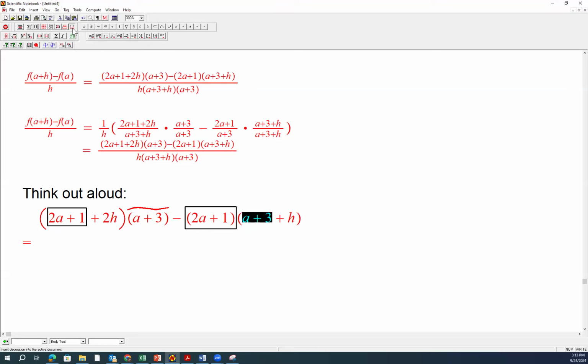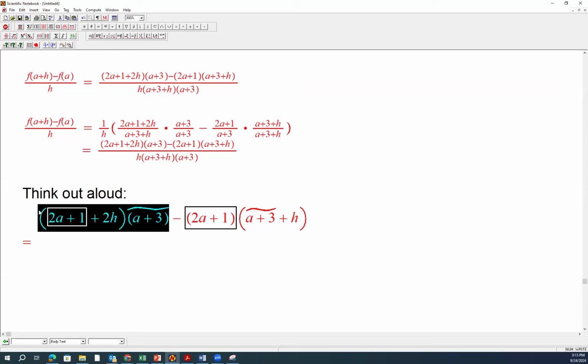Just one entity there. So instead of getting 6 terms in the product, I'm going to take this as one piece to multiply the rectangle and then multiply by h.